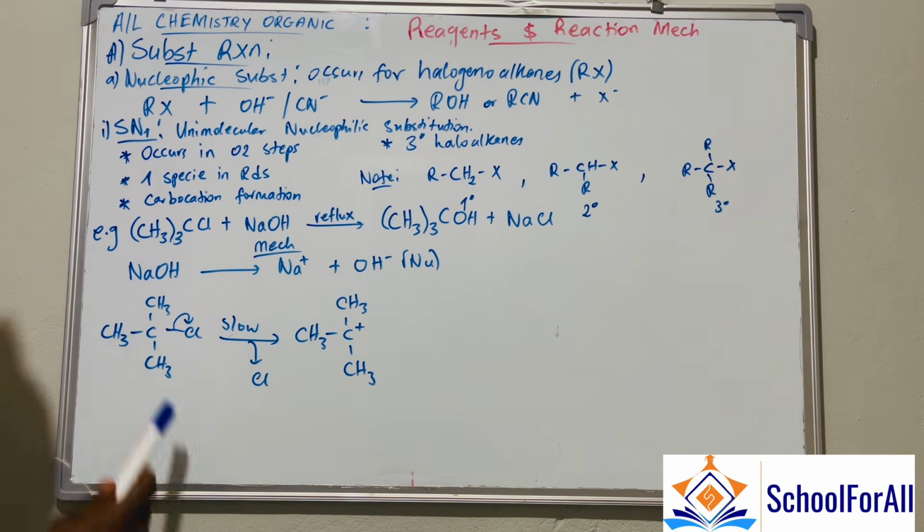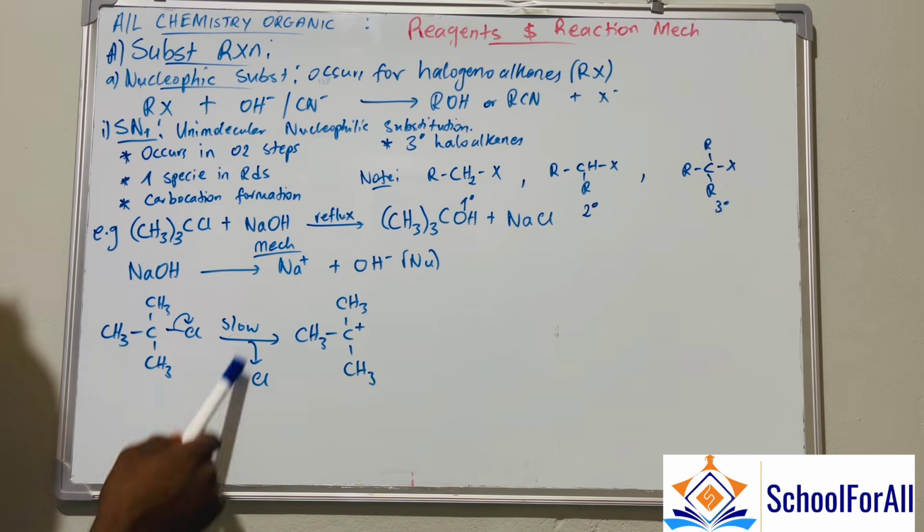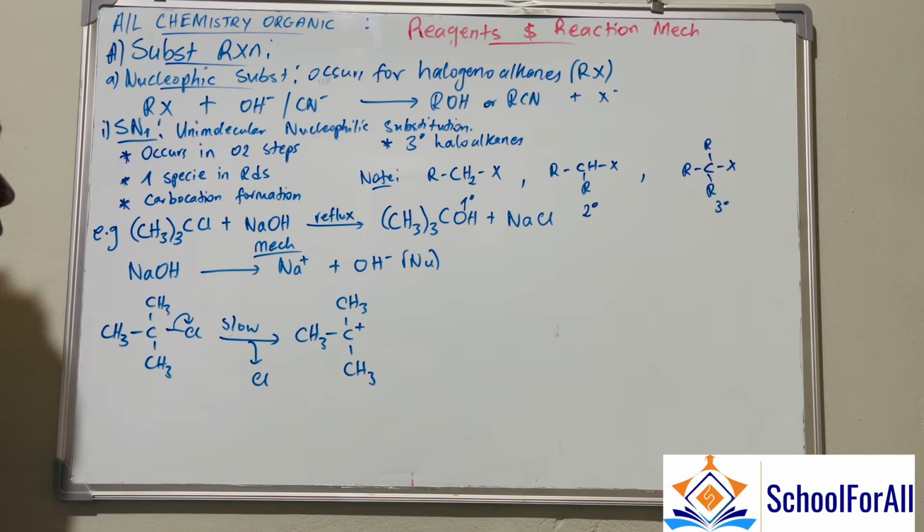Since I have one species in my slow step, I call it what? SN1 mechanism. I form my carbocation.